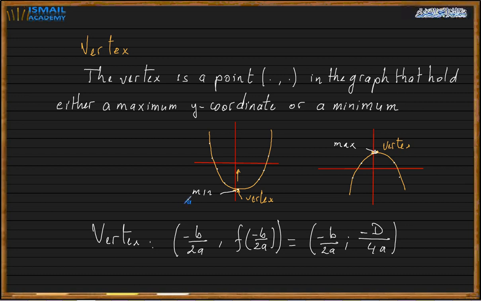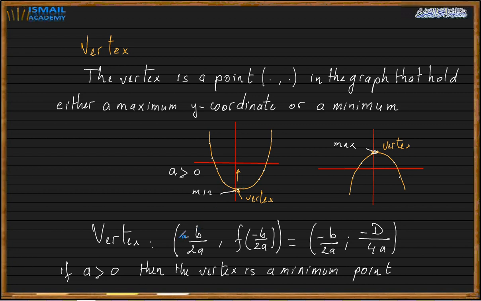So how do I know if it's max or min? If a, which is the leading coefficient, is positive, then the vertex is a minimum point, which means in that case we have a here positive, so this will be the minimum.